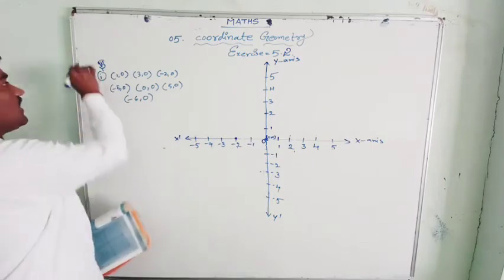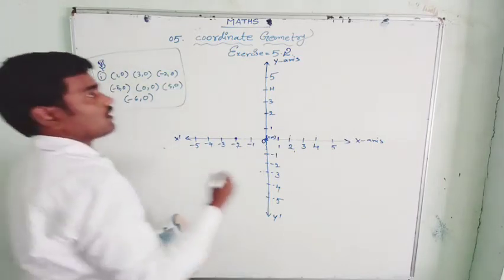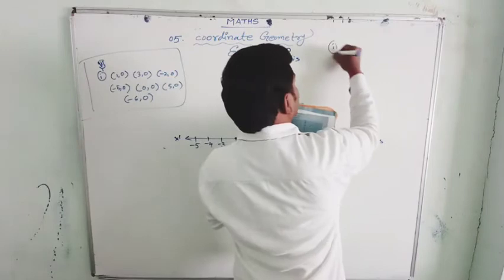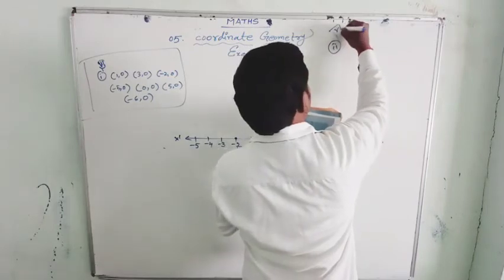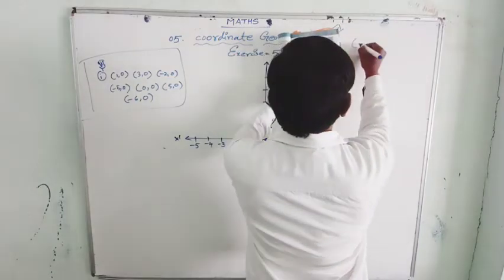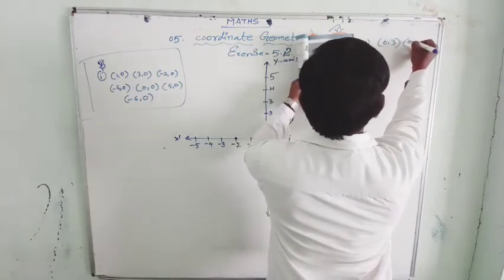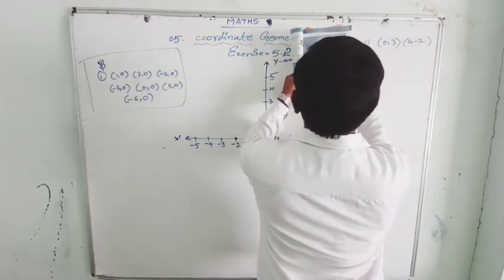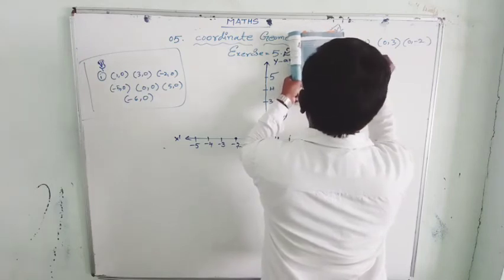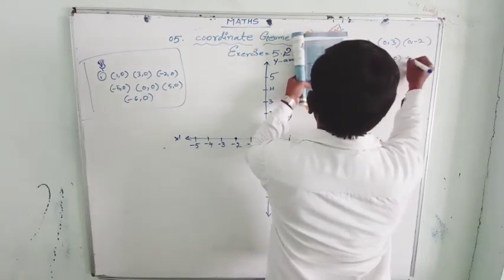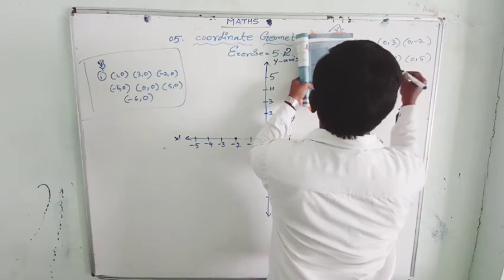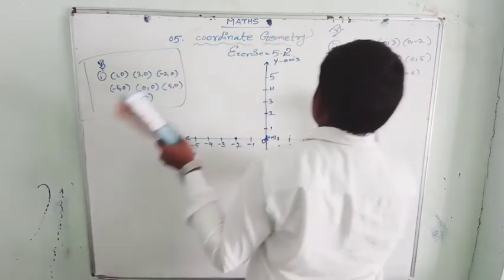These are the first question points. And here are the second question points in the sixth bit: (0, 1), (0, 3), (0, -2), (0, -5), (0, 0), (0, 5), and (0, -6).